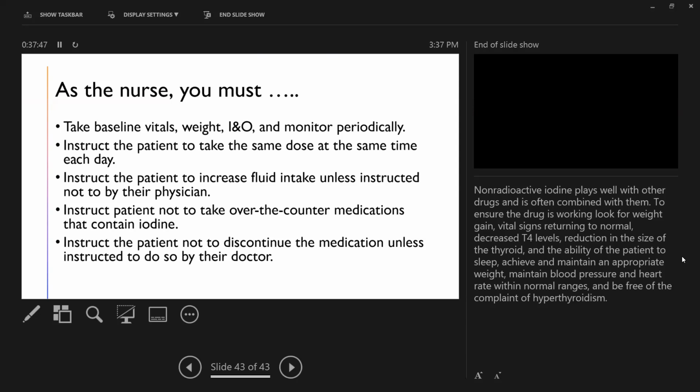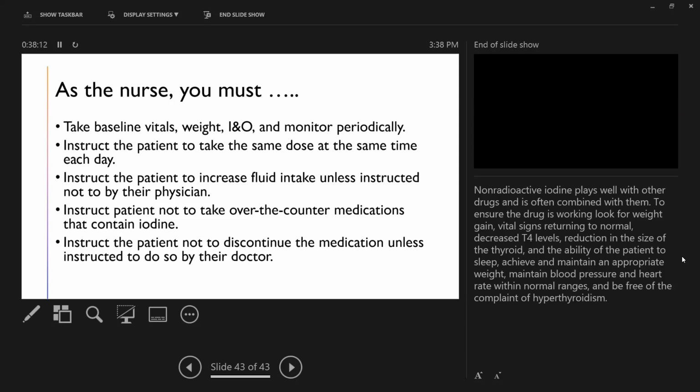Instruct patient not to take over-the-counter medications and supplements that contain iodine, and then instruct the patient not to discontinue the med unless instructed to do so by their doctor. Fortunately, non-radioactive iodine plays quite well with other drugs and is often combined with them.